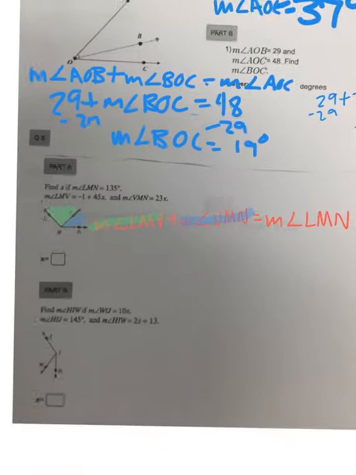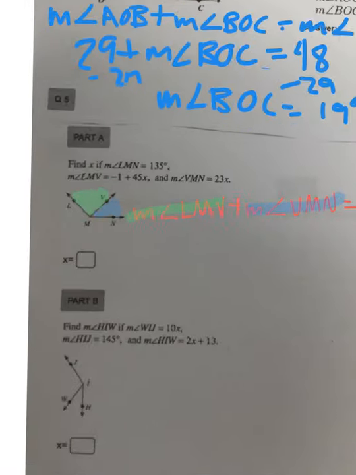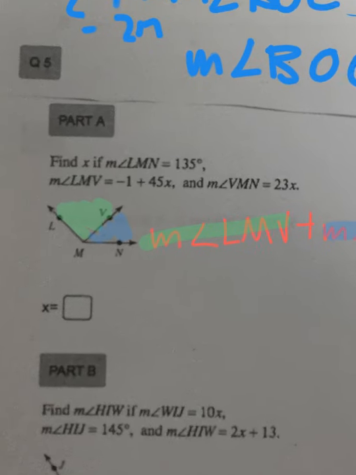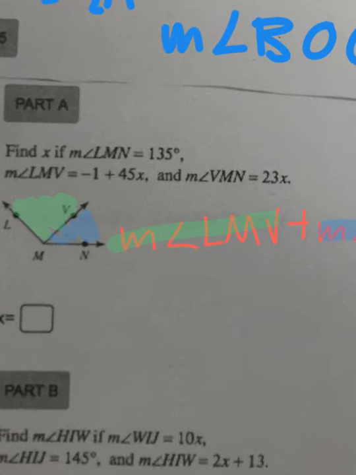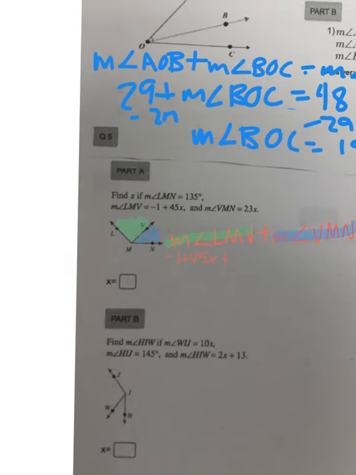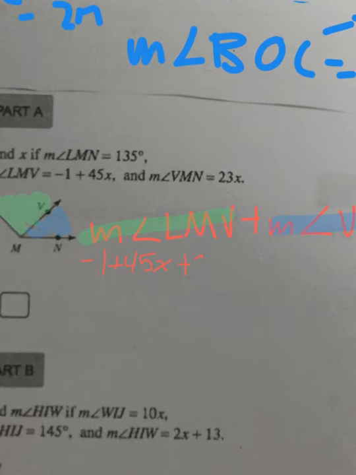So now that we've done that, I can substitute in for what I know. I know LMV is -1 plus 45x. VMN is 23x. And LMN is 135.